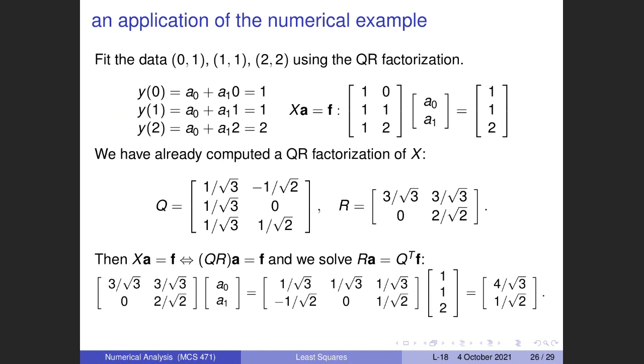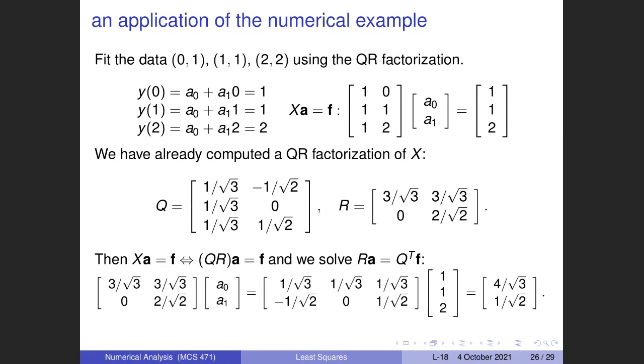Here is then the running example again. So instead of giving the matrix, we now give the 3 points. We set up the Vandermonde matrix and we compute, not anymore the normal equations, but we compute the QR factorization. The QR factorization that we have done already.